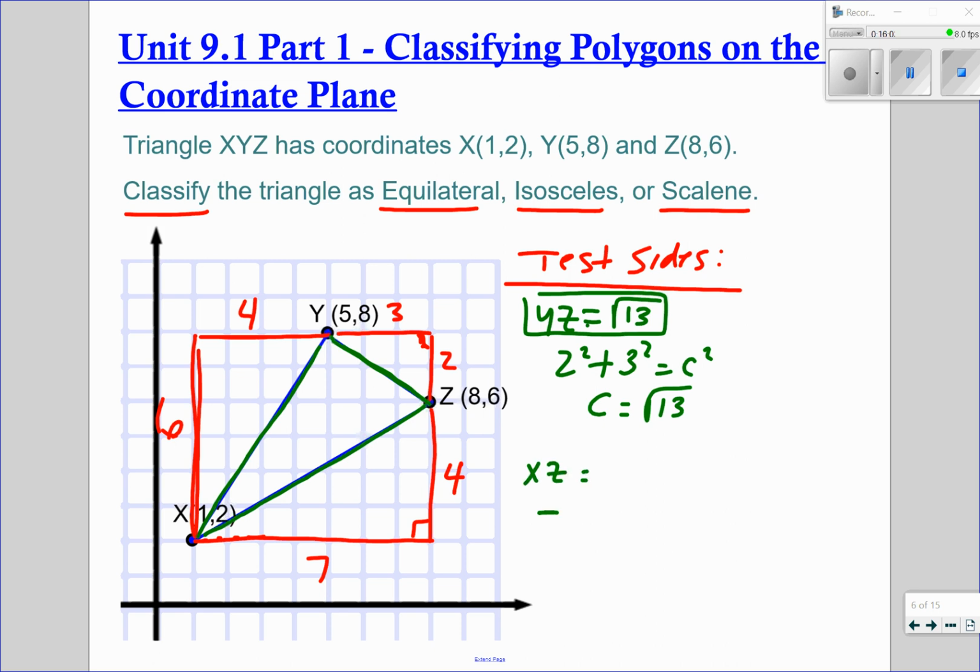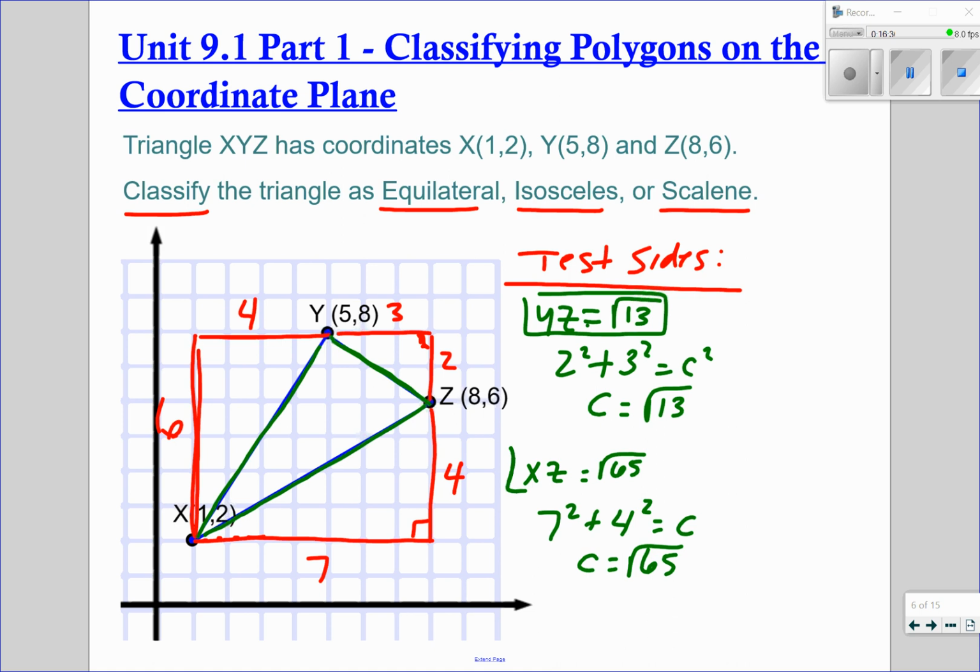We would use the Pythagorean theorem now with 7 squared and 4 squared. This time, 49 plus 16, which are different from the 4 and the 9 that we got from the previous side. So we get C is the square root of 65, and that is still different than our previous side YZ.